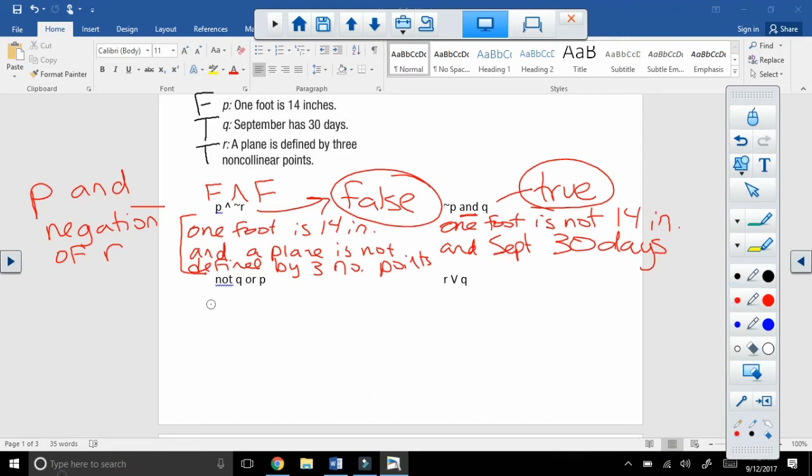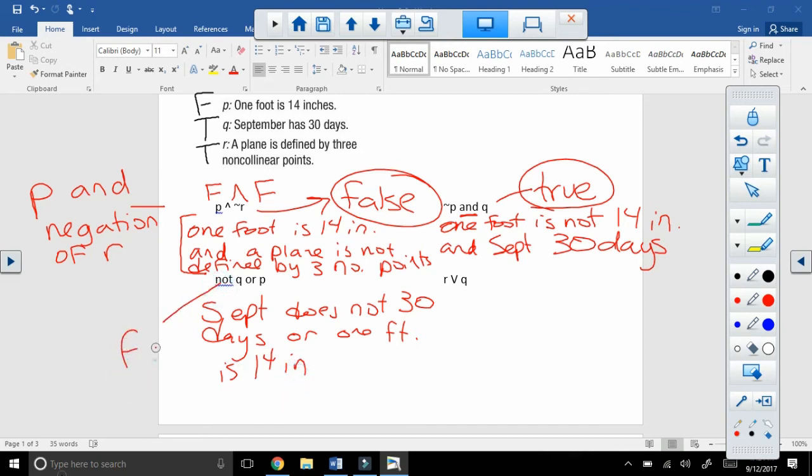So for this next part, I would say that it's not Q, so September does not have 30 days. So that's not true anymore. Or P says 1 foot is 14 inches. So when you have 2 false things, the overall truth value is also going to be false.